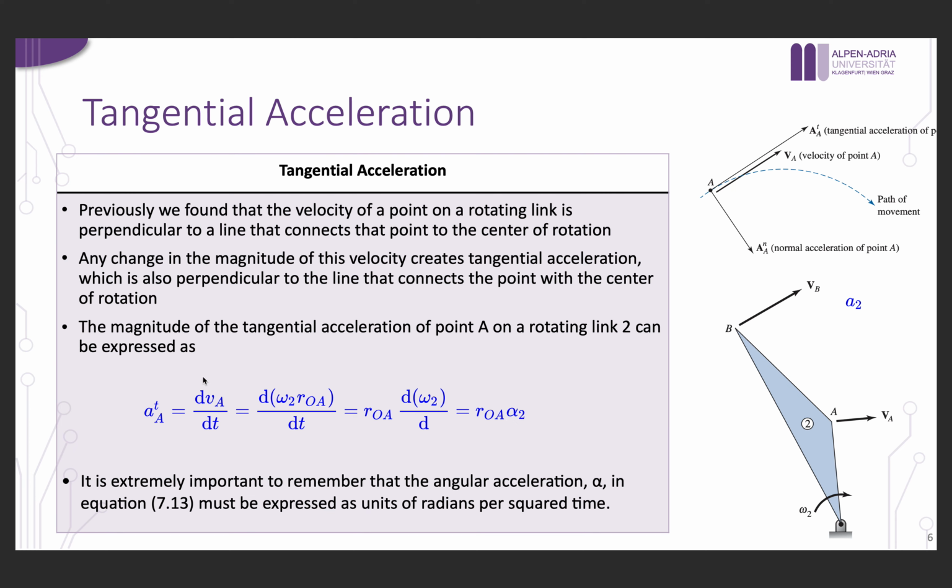So the linear velocity is equal to the angular velocity multiplied by the radius, and the tangential acceleration is equal to the radius multiplied by the angular acceleration. It's important to express the angular acceleration as radians per squared second.